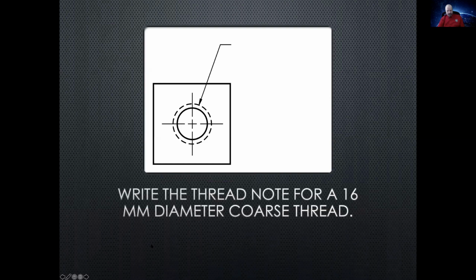All right, so here is a 16 millimeter diameter coarse thread. And what does the thread note look like? It would look like this, right? If it's by 2. If it's fine, you would have by 1.5. This would be a 1.5. Metric, 16 is the major diameter, and this is millimeters per thread. And we're coarse, so it's going to be the bigger one.